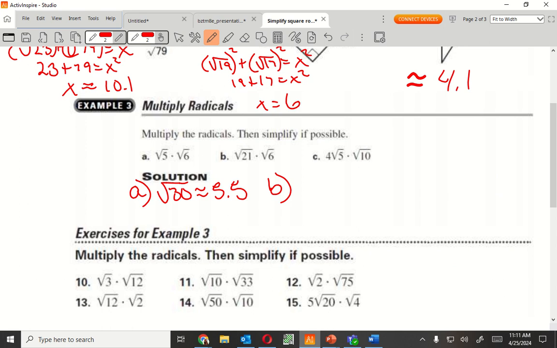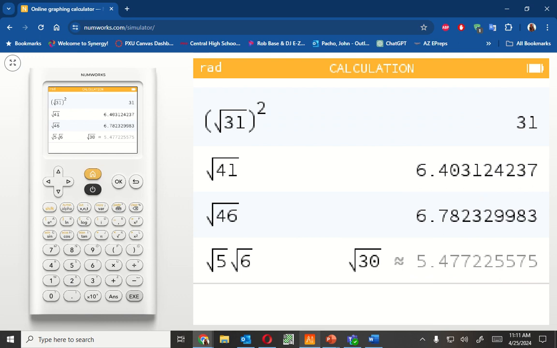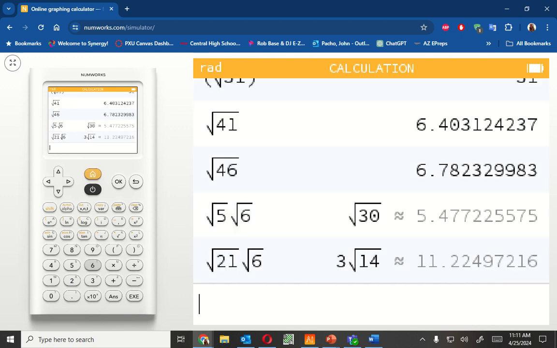Okay, so now for B, 21 and 6, square root 21, arrow over, times square root 6. Again, this is going to give you a simplified answer.